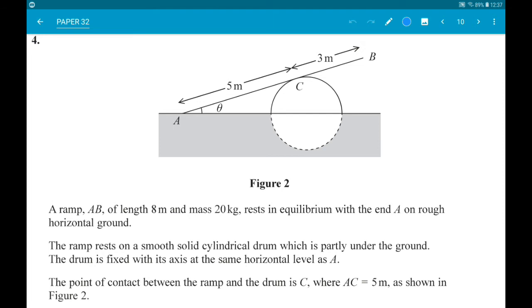The ramp rests on a smooth, solid, cylindrical drum, which has its axis at the same horizontal level as A. The point of contact between the ramp and the drum is C, where AC is 5 meters.